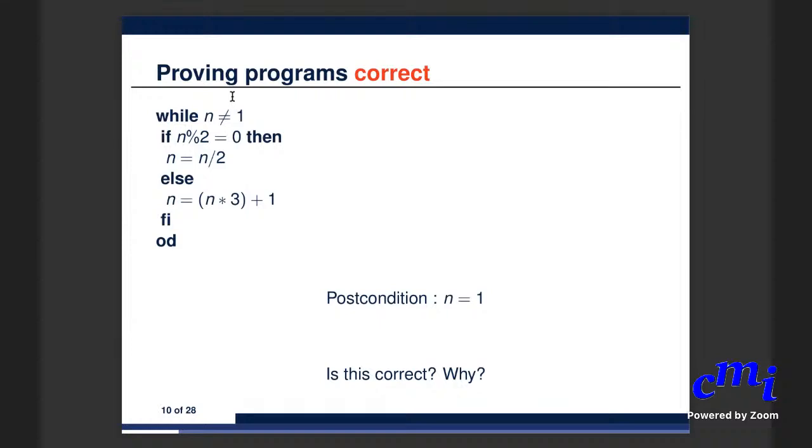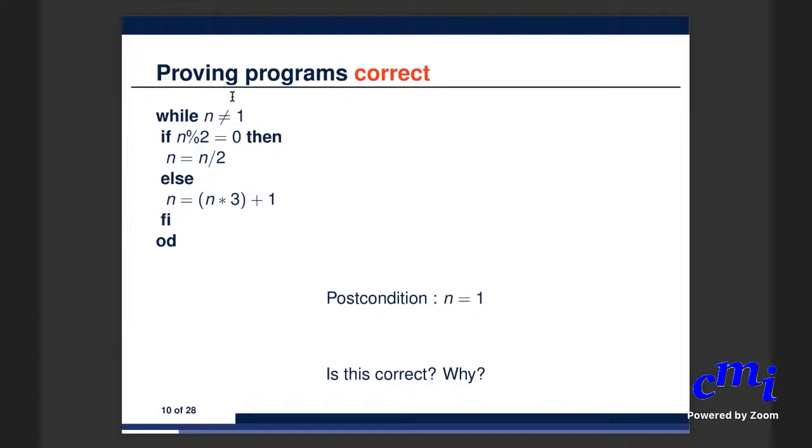The conjecture is that you will always get to one, whatever the starting value. But I'm asking a different question. The question is, for any n, does this always terminate? We don't know.